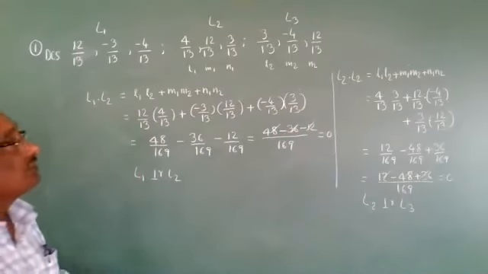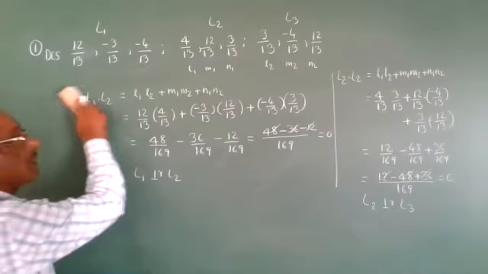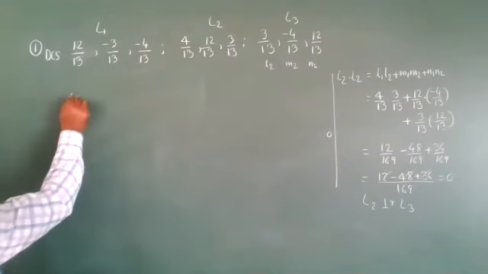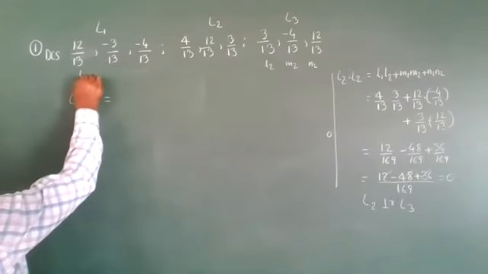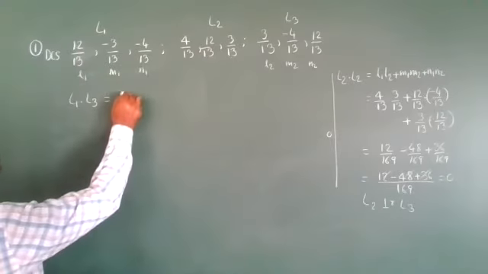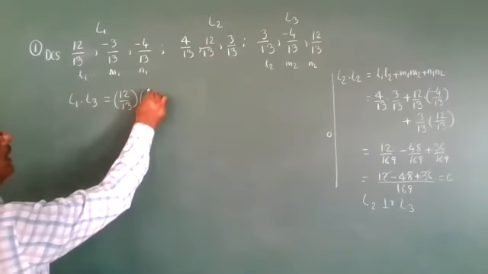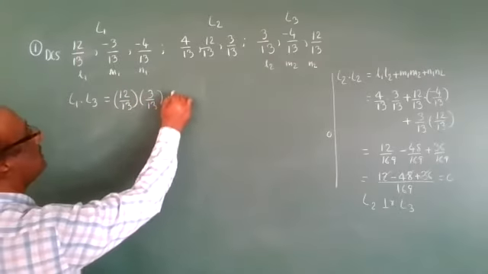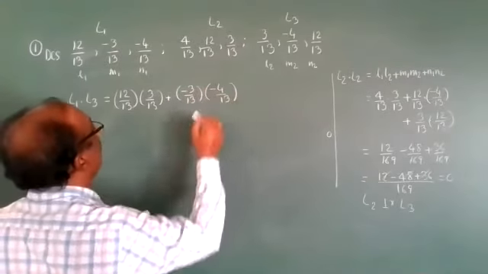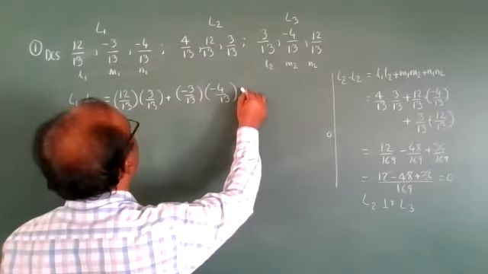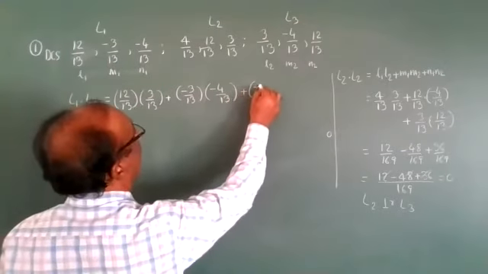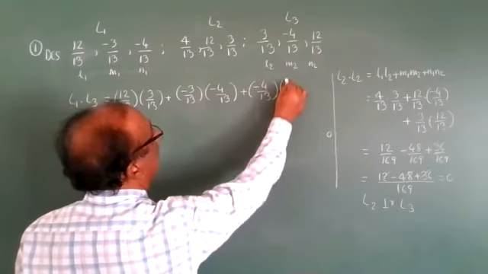Last one, L1 and L3, check everyone. L1 dot L3: L1 is 12 by 13, minus 3 by 13, minus 4 by 13, and L3 is 3 by 13, minus 4 by 13 and 12 by 13.